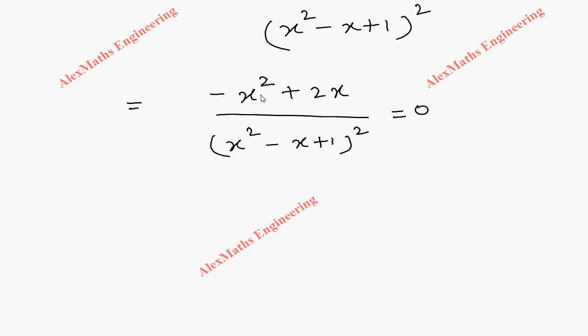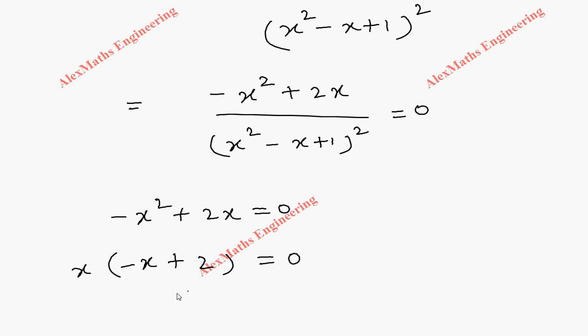Then if I take the numerator part 0, we can take x common, so minus x plus 2 equal to 0, and equating each factor to 0, we get x is 0 and x is 2.